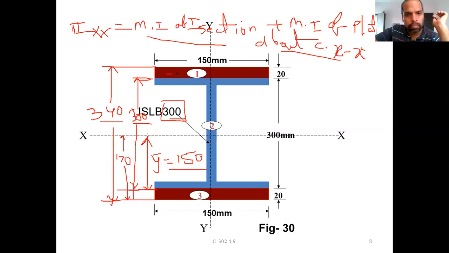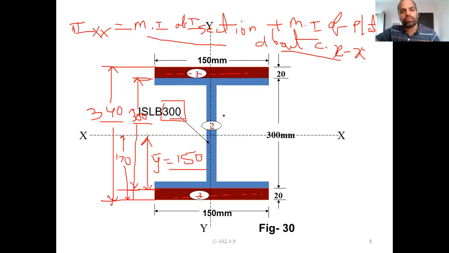Only for the plates do you have to apply it, because the plate centroid lies here, and we need the moment of inertia about this axis, some distance apart. So it is not for the I section. Both for IXX as well as IYY, it is not required at all.